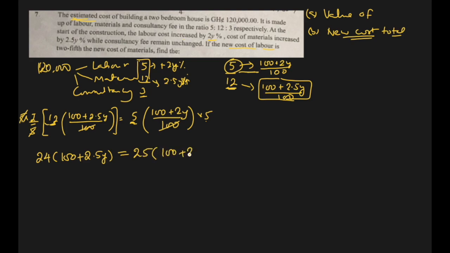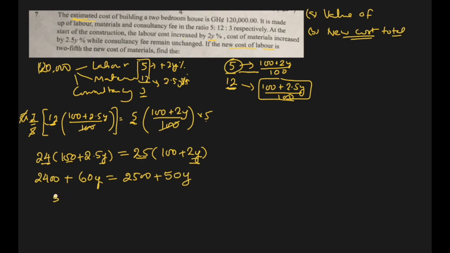100 plus 2y. And now we have to isolate this y. So let's see. 24 100, 2400 plus 24 times 2 is 48 plus 2 60y equal to 2500. 25 times 2 will be 50y.